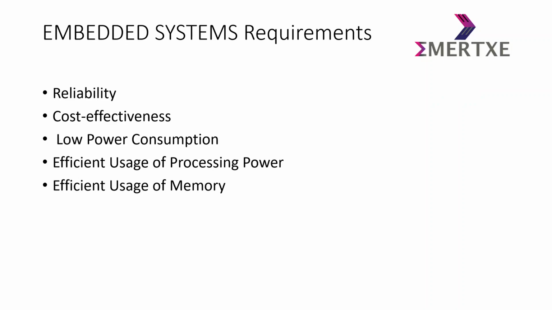An embedded system should be reliable, cost effective, it should consume low power, it should be efficient in its processing power, and it should be efficient in memory use, because microcontrollers and microprocessors often have limited memory and limited power supply, usually 5 volts.